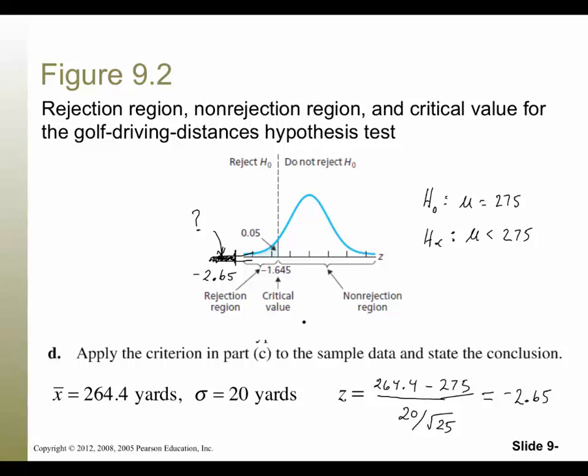So what percent of the time would he hit a sample of 25 drives that had a mean of less than 264.4 if his actual mean was 275? How would you figure it out?